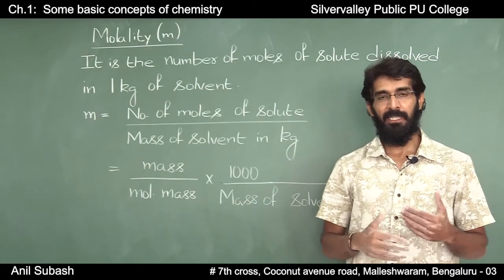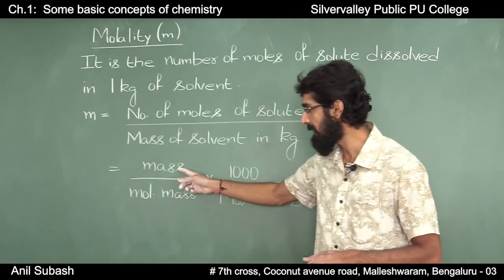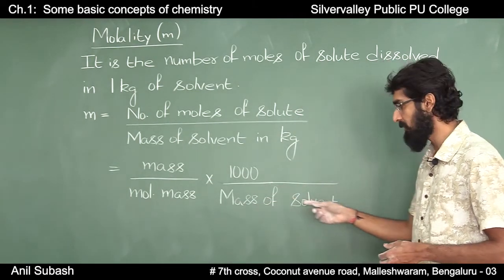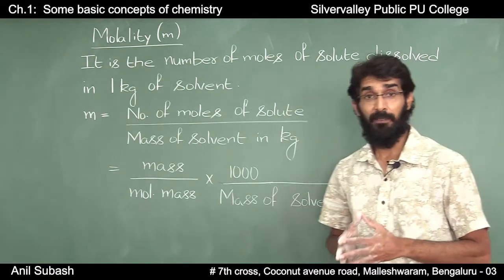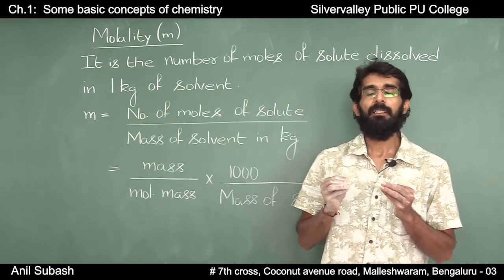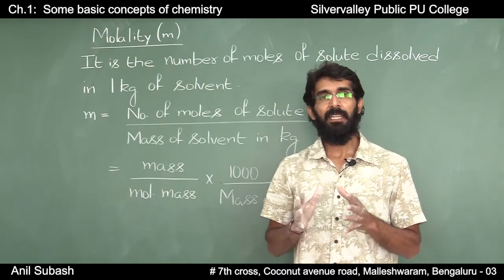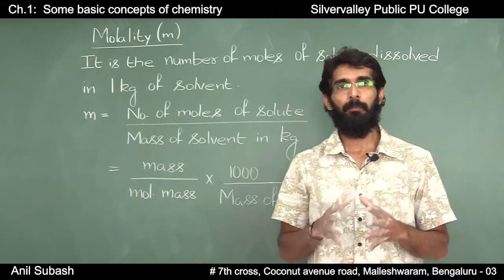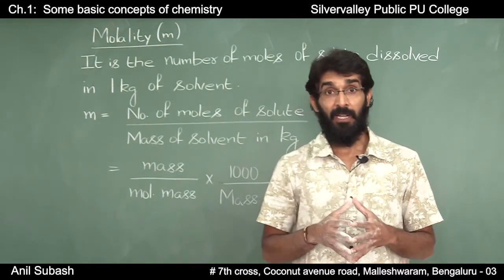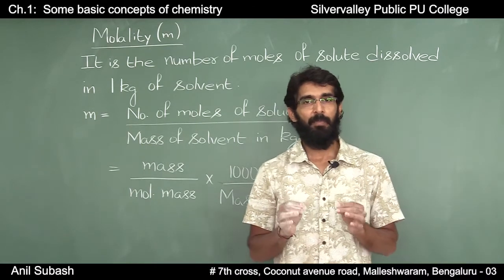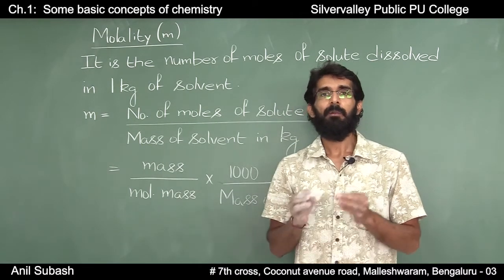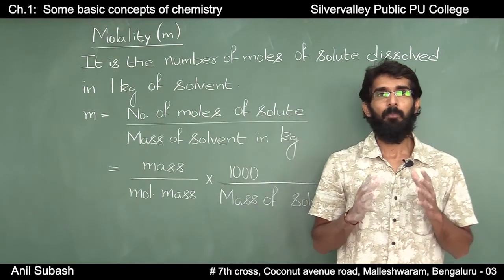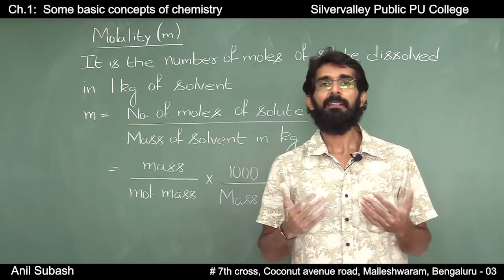Therefore, molality can also be written as mass by molecular mass into 1000 by mass of the solvent. Remember, molality of a solution is independent of temperature. That is, molality does not depend on temperature, whereas molarity is dependent on temperature. Molality is temperature independent, whereas molarity is temperature dependent.